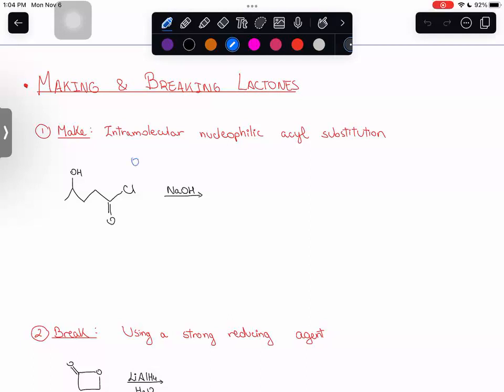So this OH, right? Then your base deprotonates that alcohol group. We have that O minus, beautiful. So that's going to be a methyl right there.